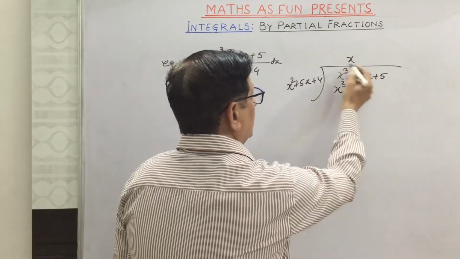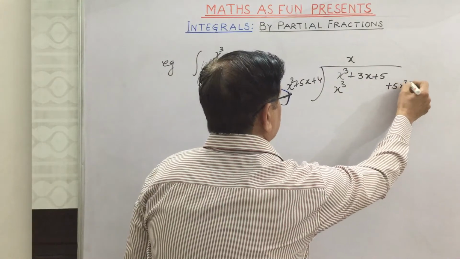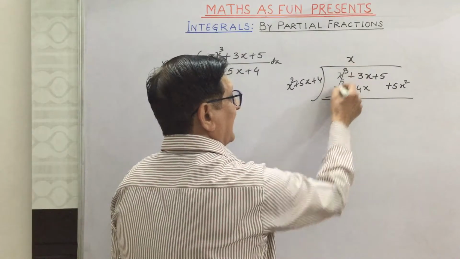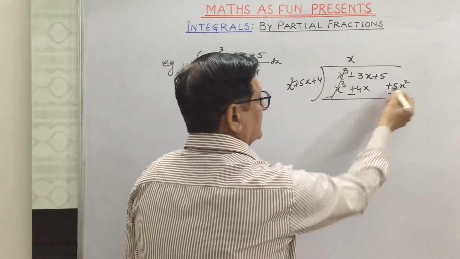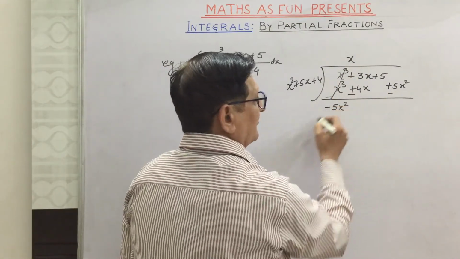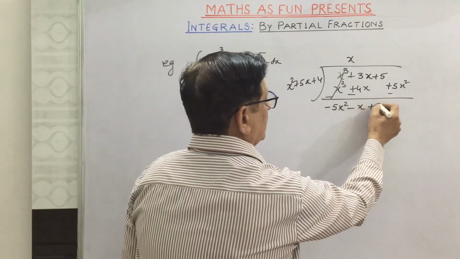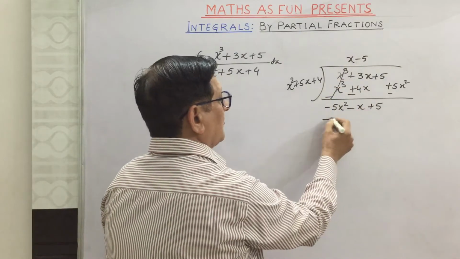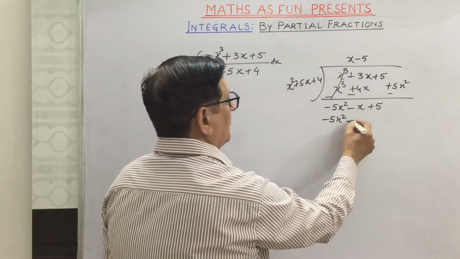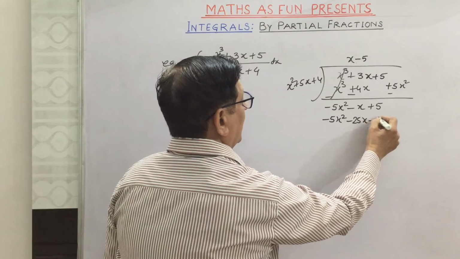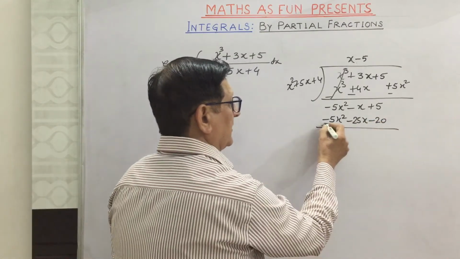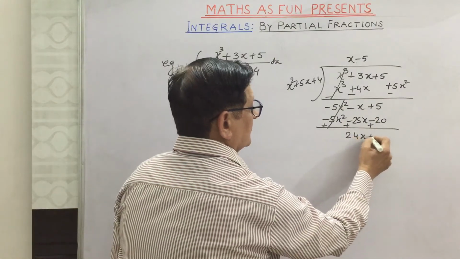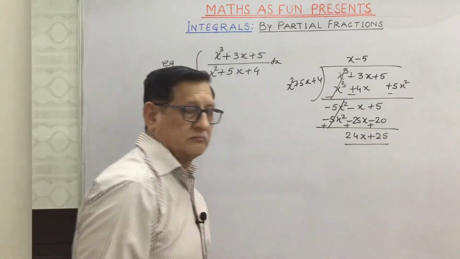This is x cube plus 5x square plus 4x. Subtract, cancels, minus minus. This comes as minus 5x square minus x plus 5. Minus 5, it is minus 5x square minus 25x minus 20, plus plus plus. This cancels. This is 24x plus 25.